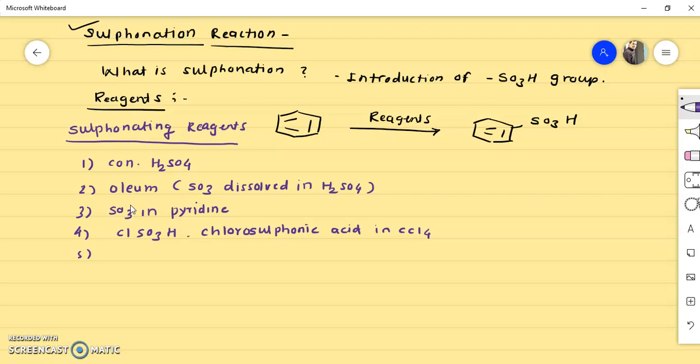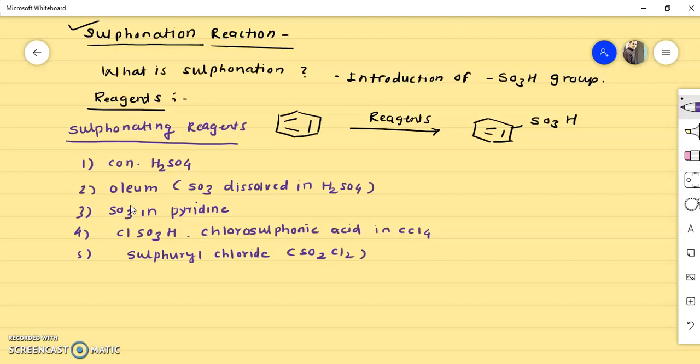We can also use sulfuryl chloride, which is also used to carry out this sulfonation reaction.